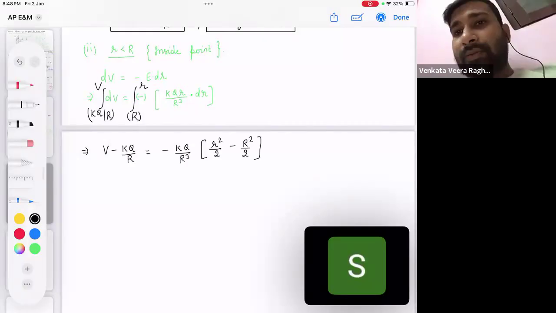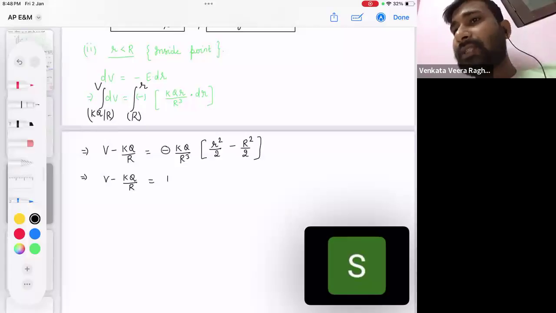Please tell me, is this clear? So V minus KQ/R, send the minus inside and then simplify it. Am I getting KQ/2R³ outside? Do we have R² minus r²?